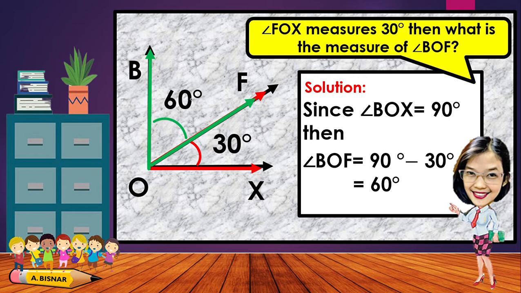Again, angle BOX is a right angle, and if it's a right angle, its measurement is 90 degrees. Since you already have 30 degrees, you will just simply subtract it from 90 to find the missing angle. That is why we have 60 degrees as the measure of angle BOF.